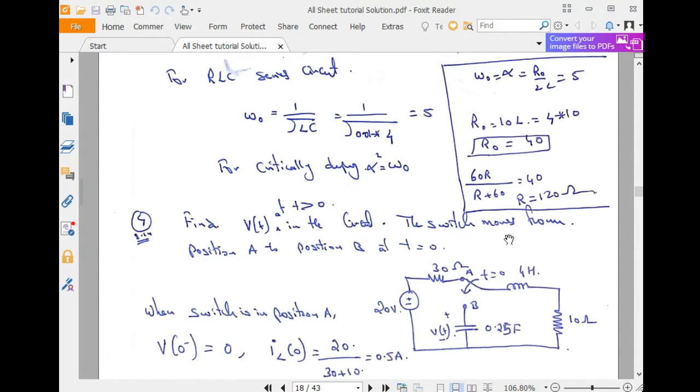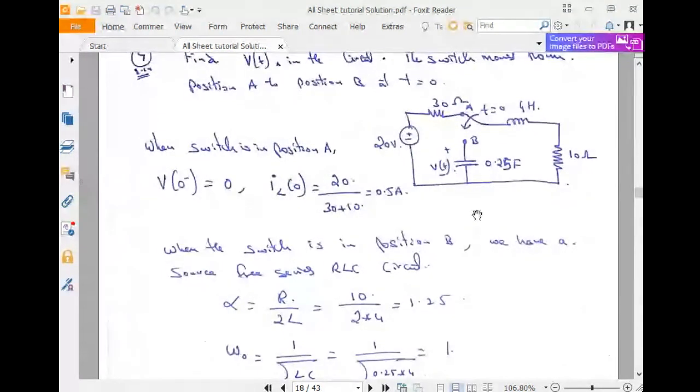The switch moves from position A to position B at time t equal to 0. Before t equal to 0, the switch is connected like this. Capacitance is not connected.